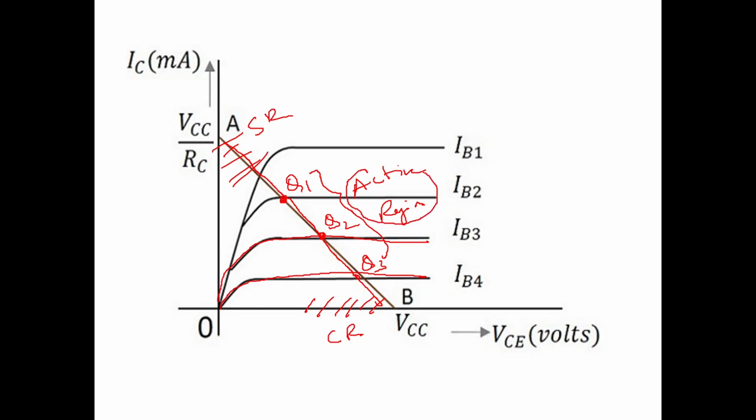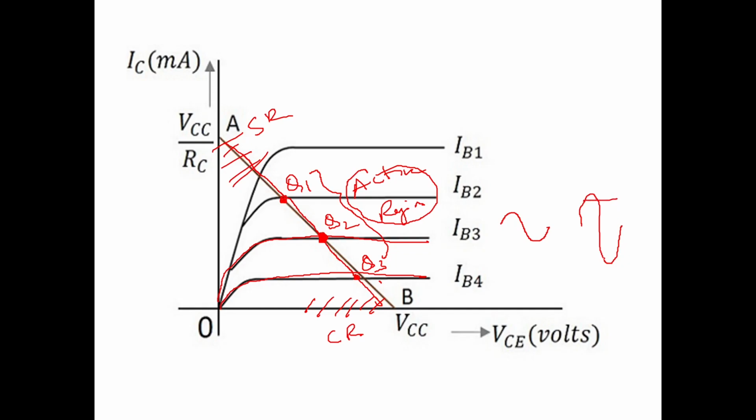In this region I can get this operating point, this operating point, and this operating point, and out of these three, the center operating point will be suitable so that whatever alternating quantity I give as input will be amplified at the output without any clipping. There will be no clipping of the waveform in amplification.